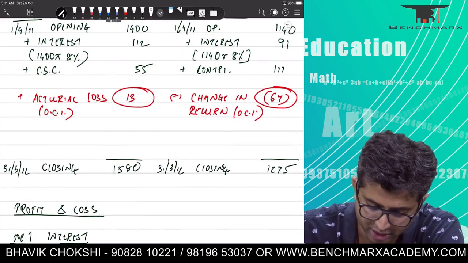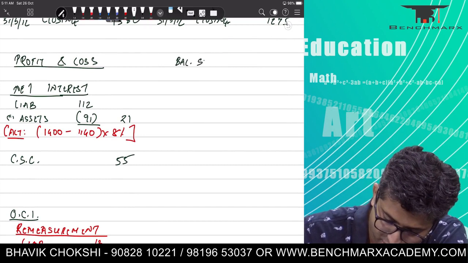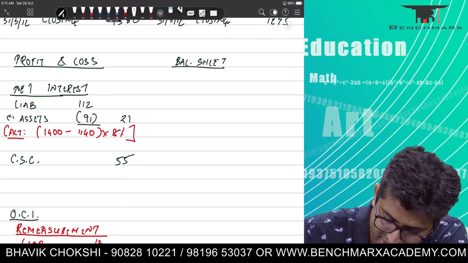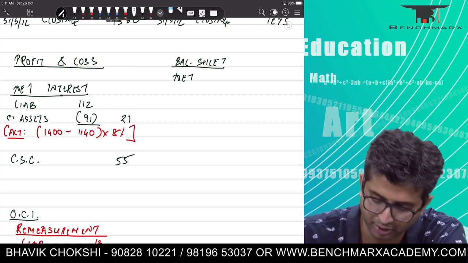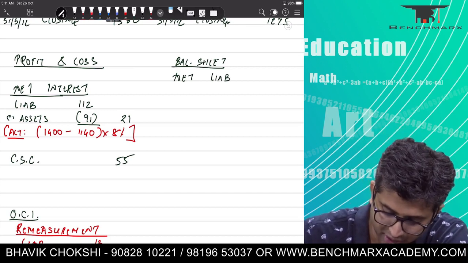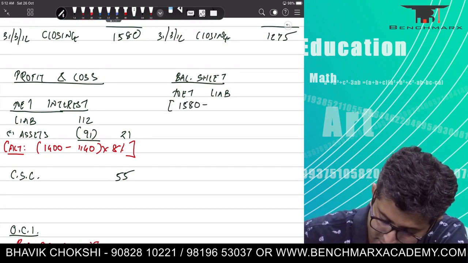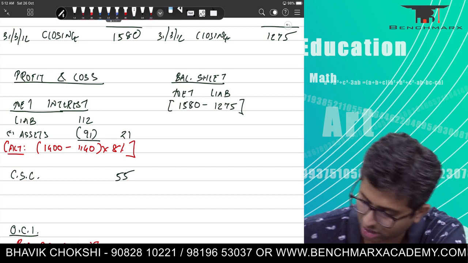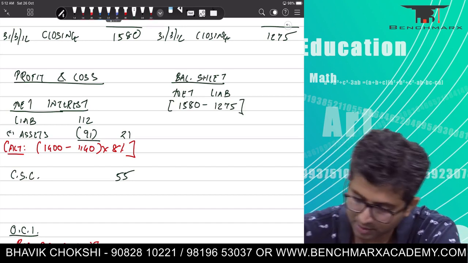Now your balance sheet presentation. If you have to present it in the balance sheet, it is always the net amount that appears. So your net amount of liability at the end of the year will be 1580 minus 1275, comes to 305.